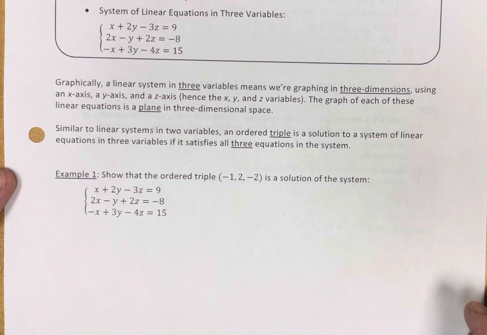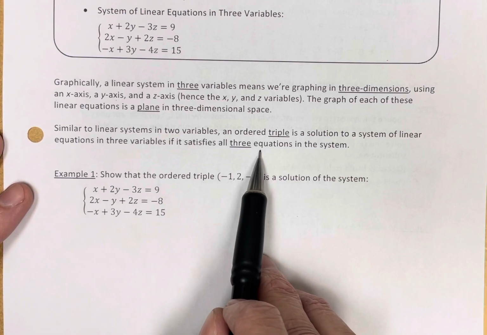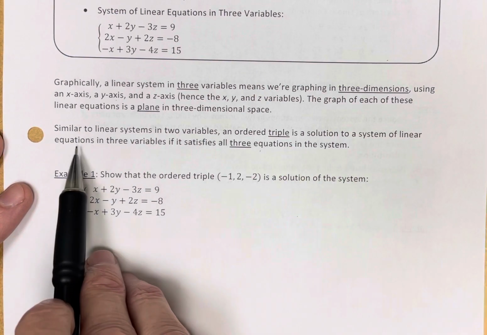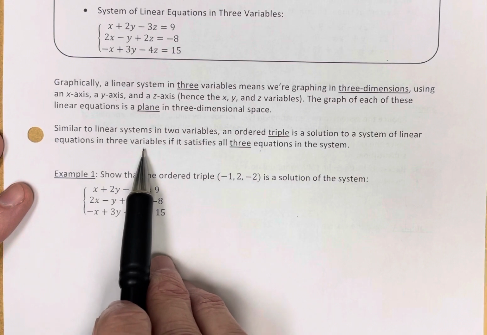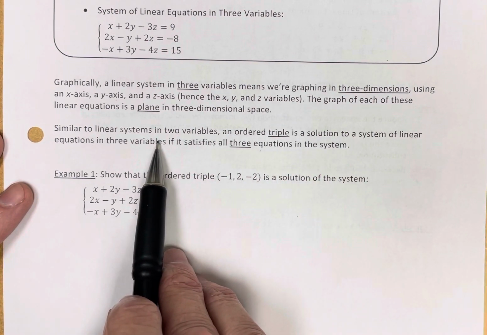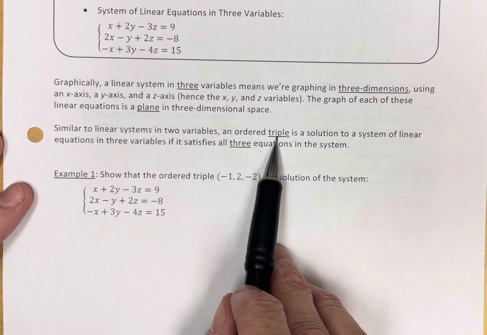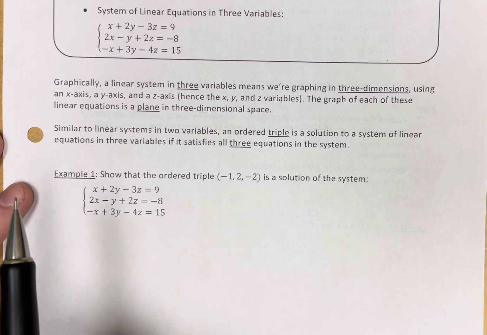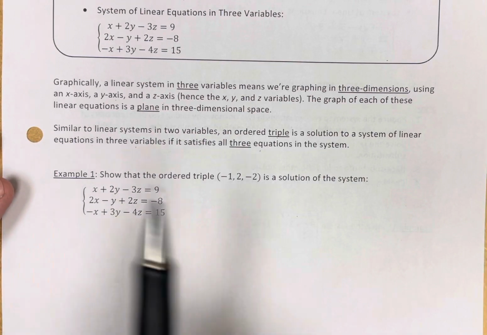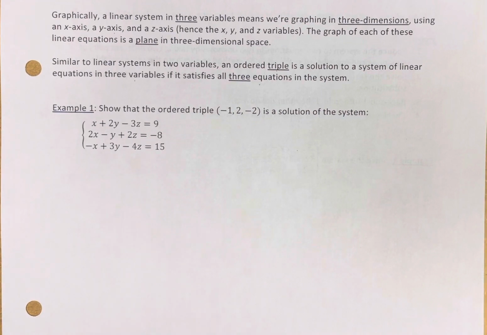So we saw this with an ordered pair satisfying a system of linear equations in two variables. It had to satisfy both. Here, when we have a system with three variables, we're going to have an ordered triple, and it has to satisfy all three in order to be a solution to the particular system.